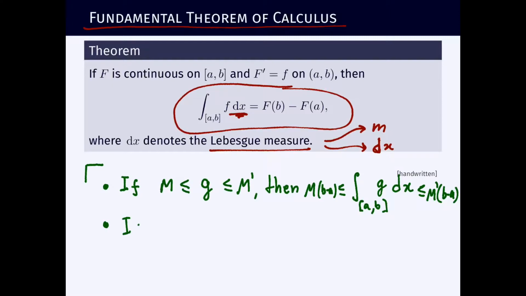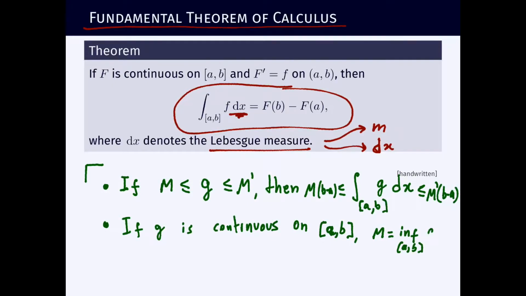It says if g is continuous on [a, b], M is the infimum over [a, b] of this function g, and M prime we define as the supremum, again on this interval, of the function g.